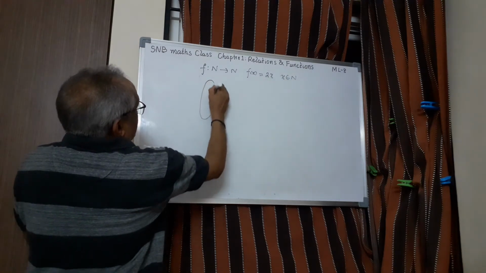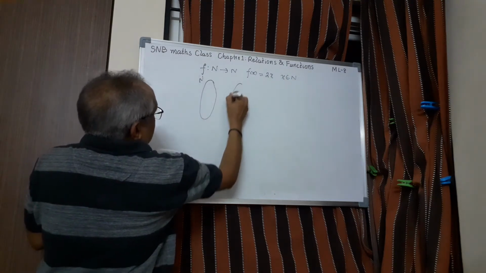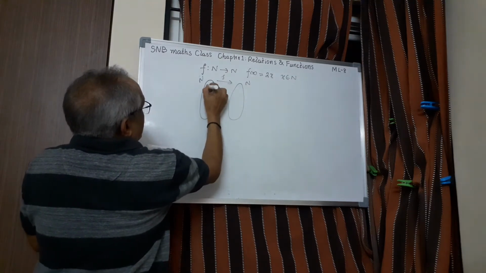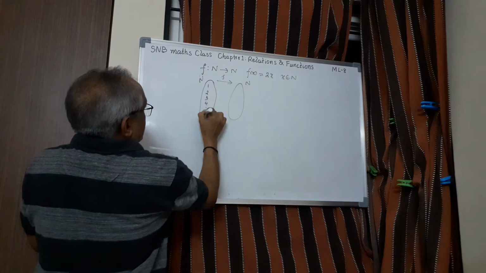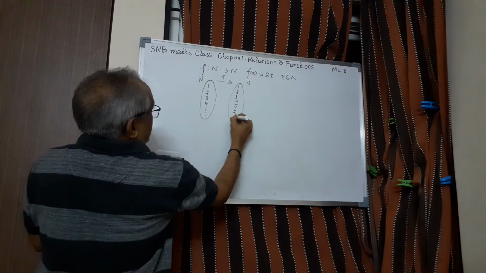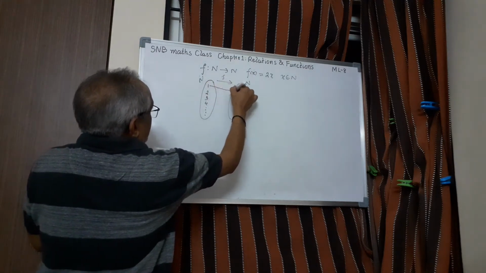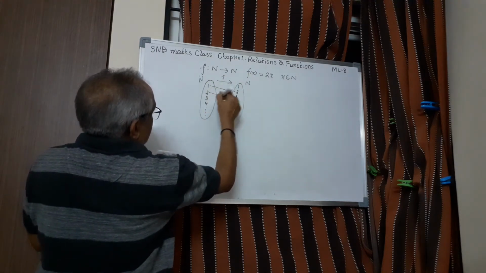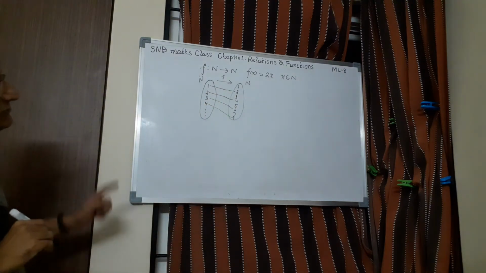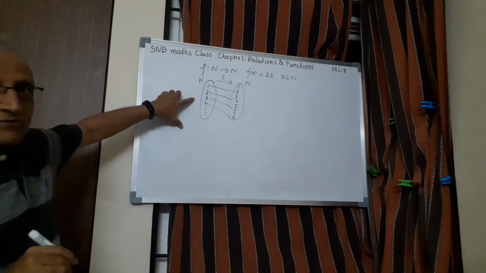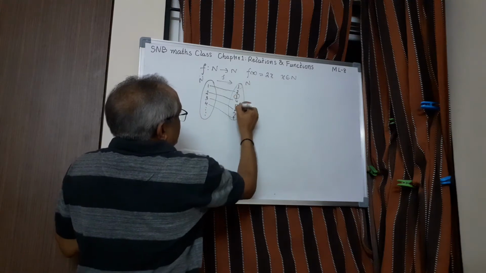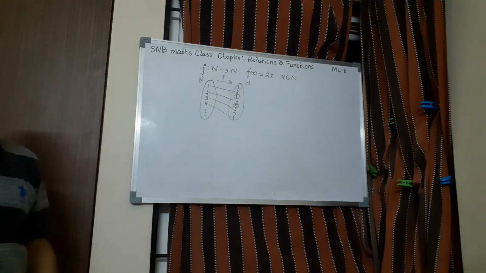See here, if you take this as n, 1, 2, 3, 4, etc., and 1, 2, 3, 4, 5, 6, 7, 8, etc. So 1 goes to 2, 2 goes to 4, 3 goes to 6, 4 goes to 8, etc. So it is very clear f is 1 1, but it is not onto because all the odd elements 1, 3, 5, etc. are left out.